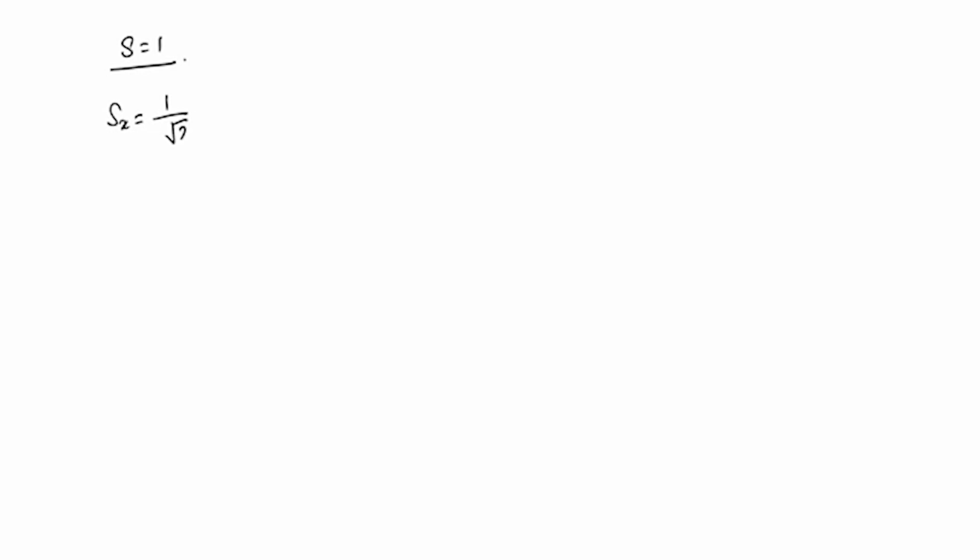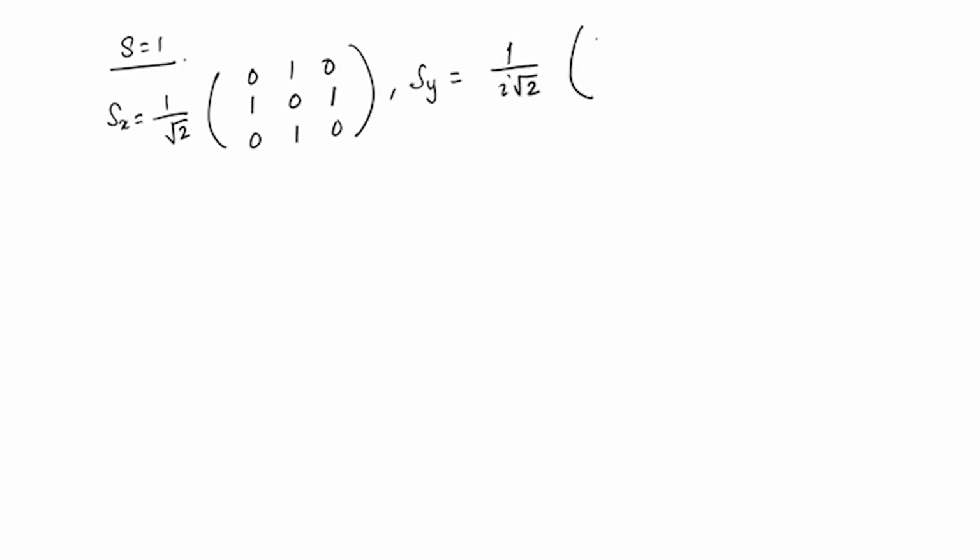So Sx is 1 by root 2 times 0 1 0, 1 0 1, 0 1 0. Sy is 1 divided by i root 2 times 0 1 0, minus 1 0 1, 0 minus 1 0.